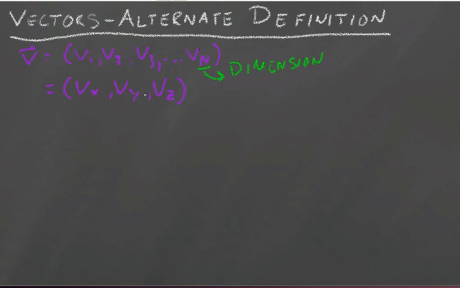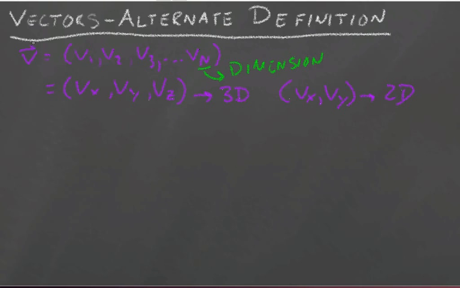Right, so we have 3 components, so that's 3 dimensions. If I just gave you 2 components, vx and vy, that would be two dimensions. And pretty much all the vectors we're going to use in this class are going to be either 3-dimensional or 2-dimensional. I don't think we're really going to use anything higher.